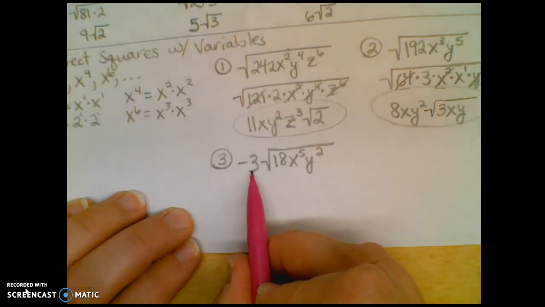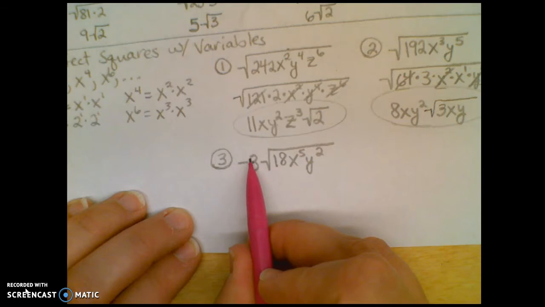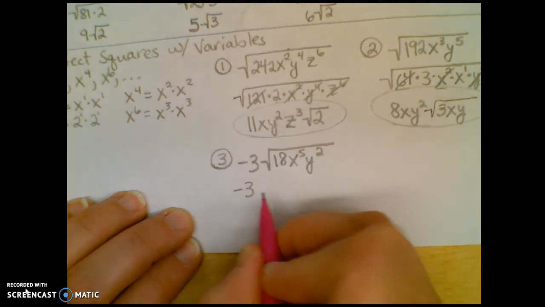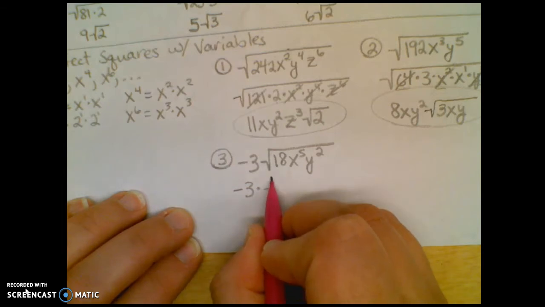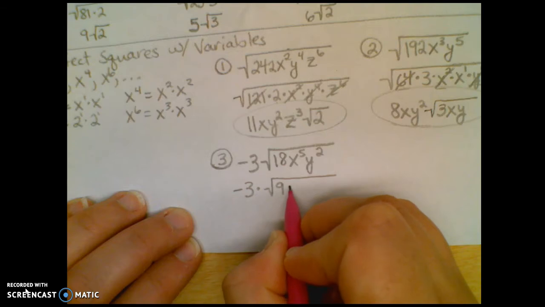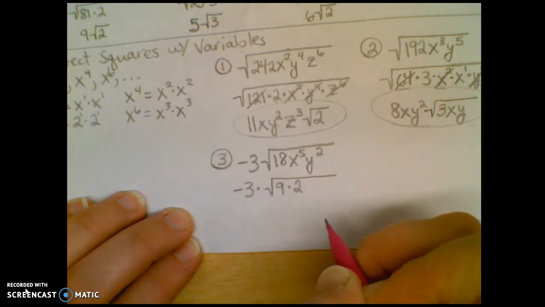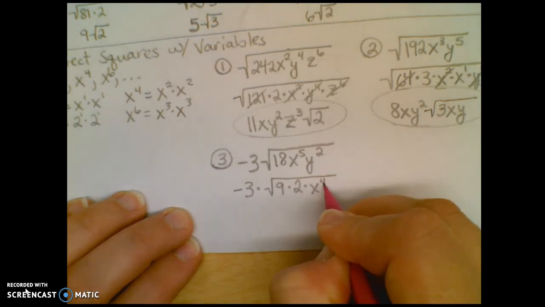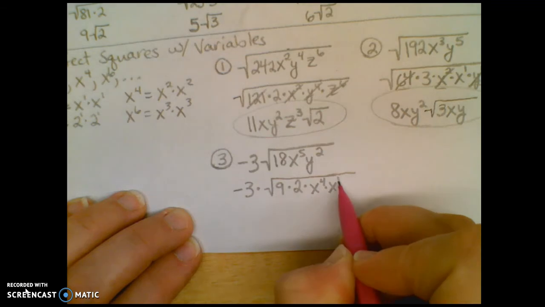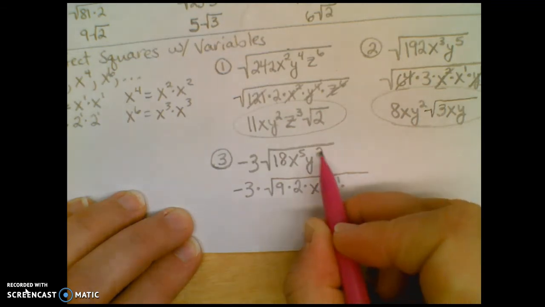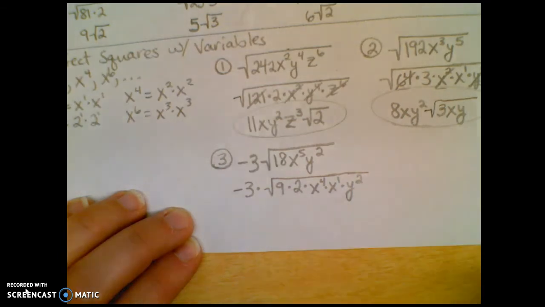The -3 is already a factor because it's -3 times this. So we're just going to leave him out front. 18 factors into perfect square 9 times 2. X to the fifth factors into perfect square x to the fourth times x to the first, and that's our addition rule for exponents. Y squared is already a perfect square.